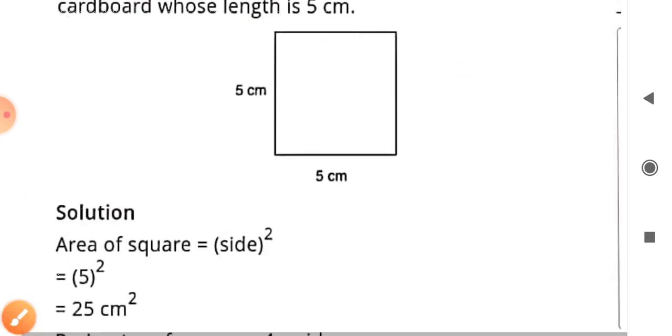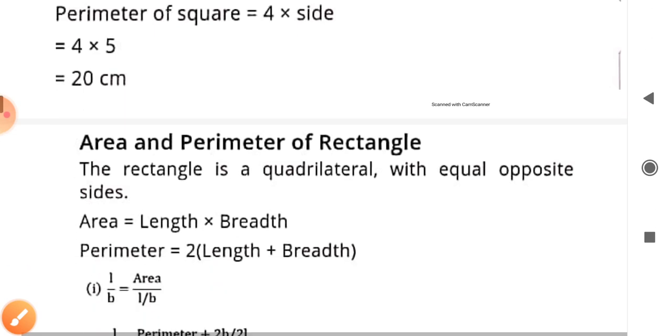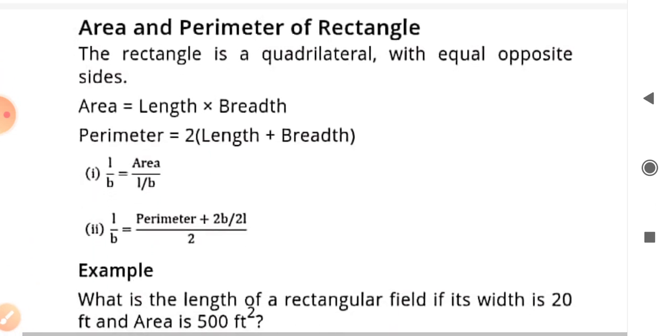Next is area and perimeter of a rectangle.